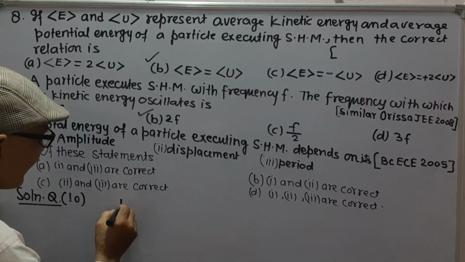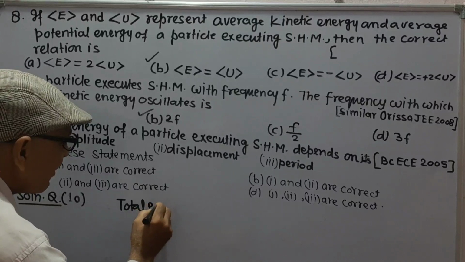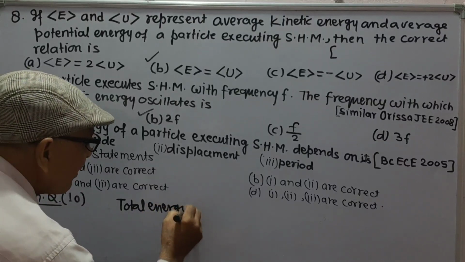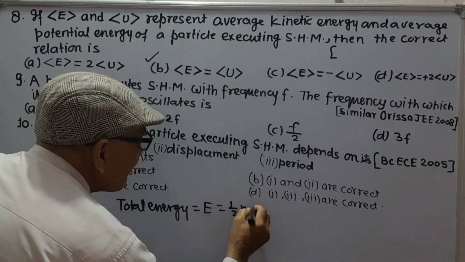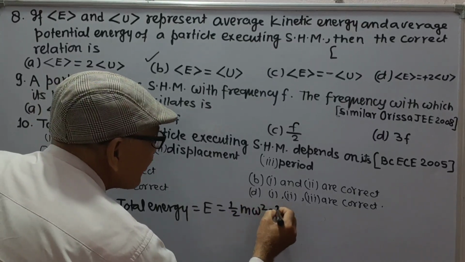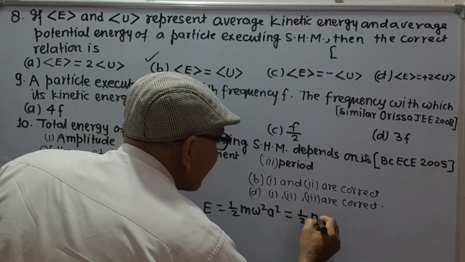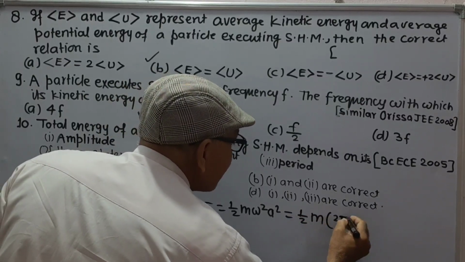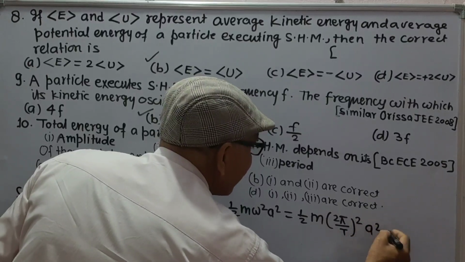Total energy E is equal to 1 by 2 m omega square A square, which may be written as 1 by 2 m (omega means 2 pi by T) whole square into A square.